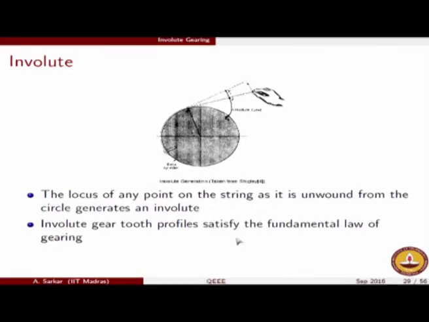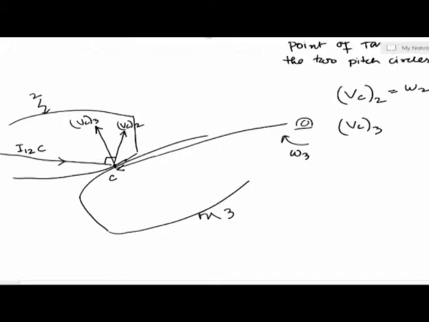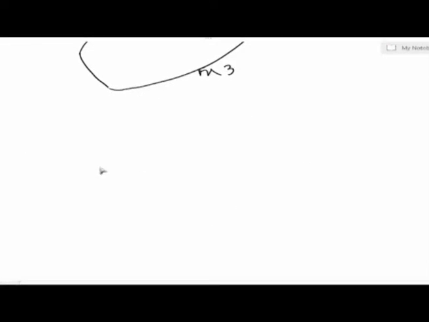What I mean to say is that till now we were drawing these gear tooth profiles as arbitrary. Now if we make sure that our gear tooth profiles are involutes, both of these are involutes, which means that they have been generated from some circle by unwinding strings from some circles, then we are sure that this mesh will satisfy the fundamental law of gearing.